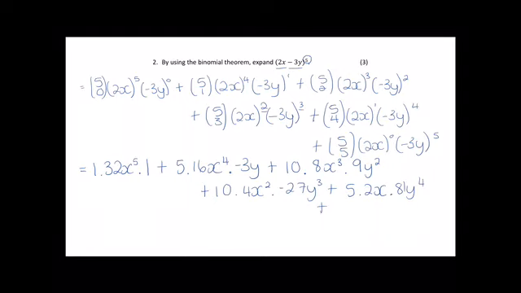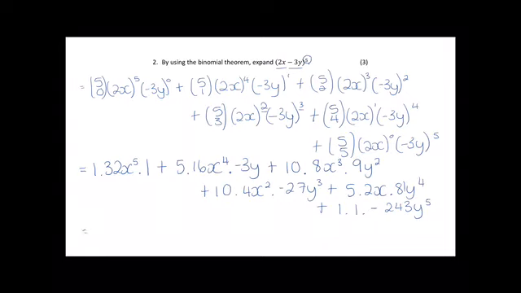And then the final part, 5 choose 5, we're back to 1. Anything to the power of 0 is just 1. We've then got negative 3y to the power of 5. So a negative number to an odd power is going to give you a negative. 3 to the power of 5 is 243. And then we've got our y to the power of 5.